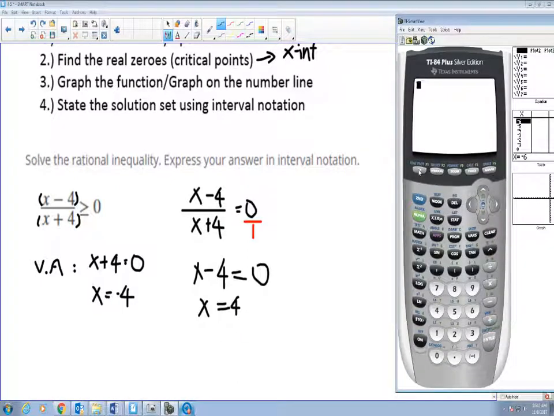Let's graph it, and I'm going to point out where the things we just found are on the graphing calculator. I have two terms on top, put them in parentheses, divided by x plus 4. Let me go back to the standard window real quick.